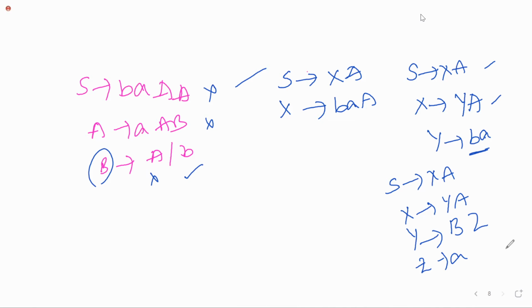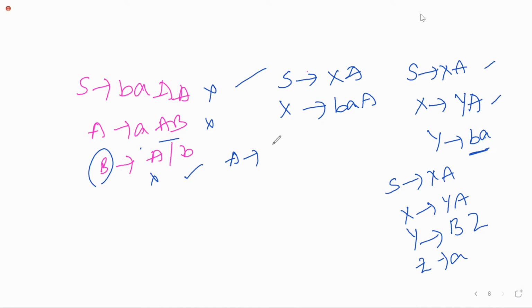This part is over. Next, what about AAB? Next production. A tends to, what will you write in place of AA? Please tell me.